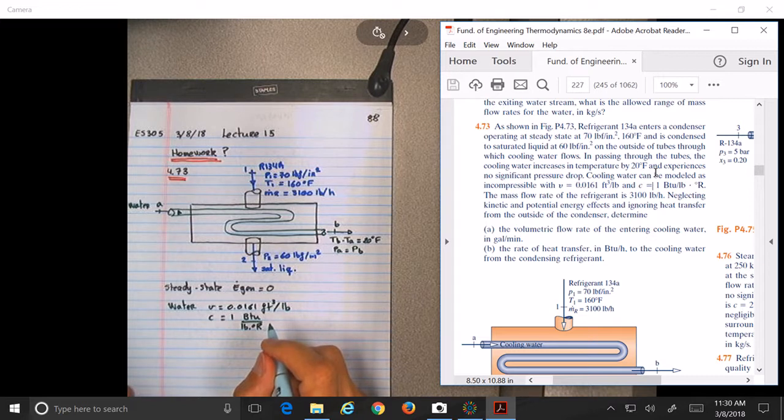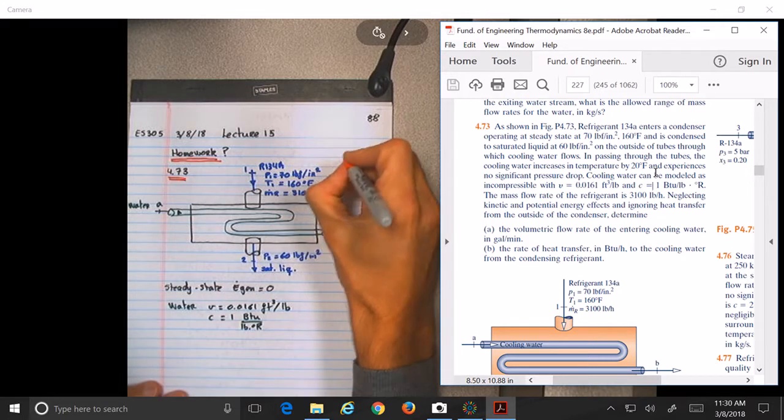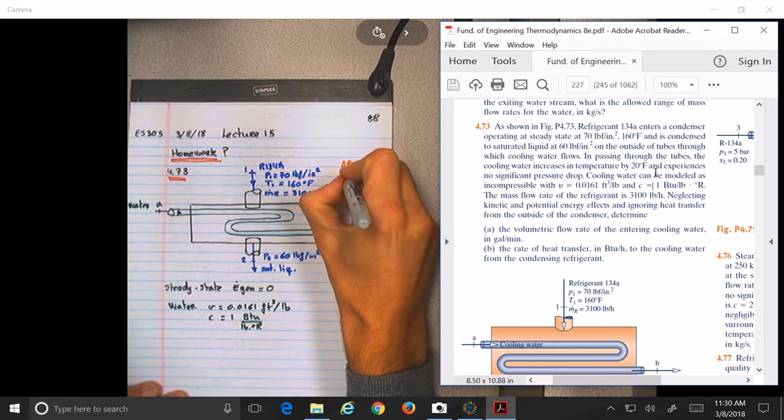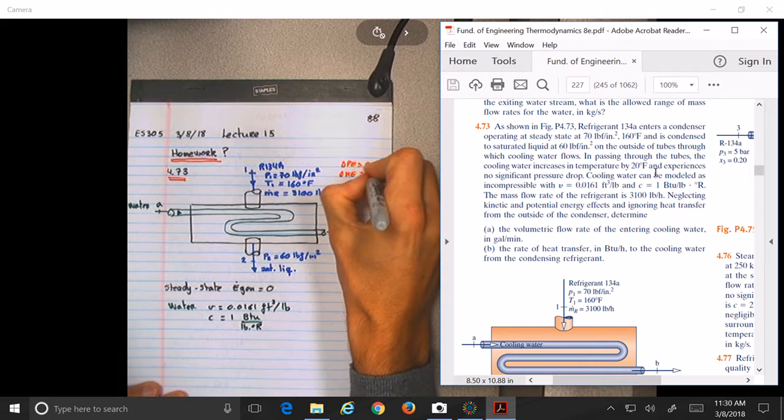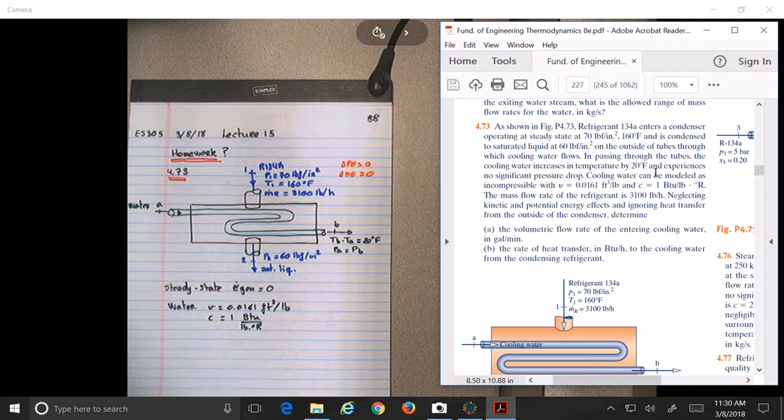The mass flow rate of the refrigerant is 3100. That's already on the figure. Neglecting kinetic and potential energy. So if you want, I can just put here on the figure: kinetic and potential energy equal to 0.